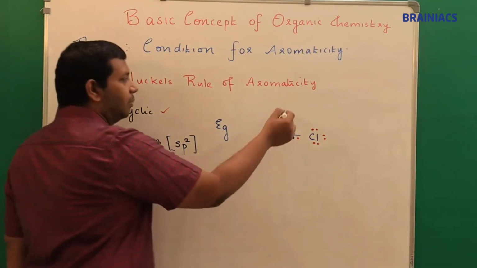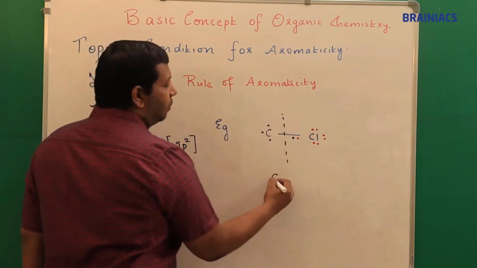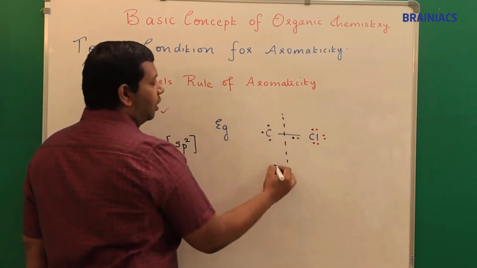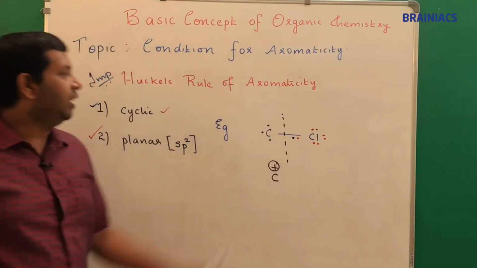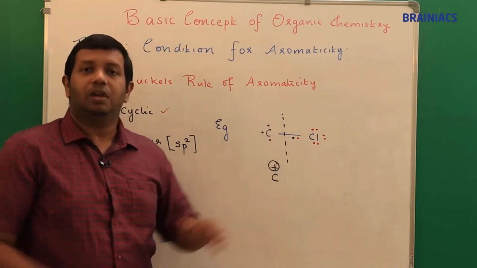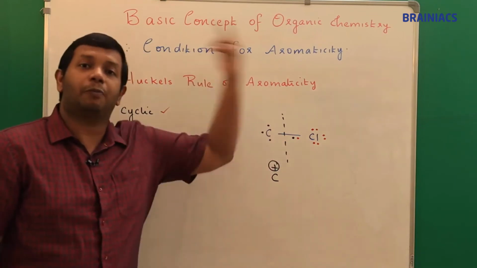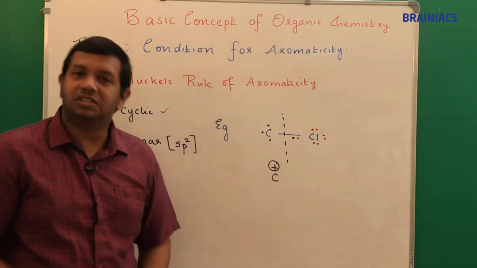In this case, when the bond is broken, what will happen? I know that carbon will lose 1 electron. So what will happen to the carbon? It will acquire a positive charge. Why is it acquiring a positive charge? Because it has lost 1 electron. Losing 1 electron means the number of protons will be greater than the number of electrons. So that is why a positive charge is coming here.